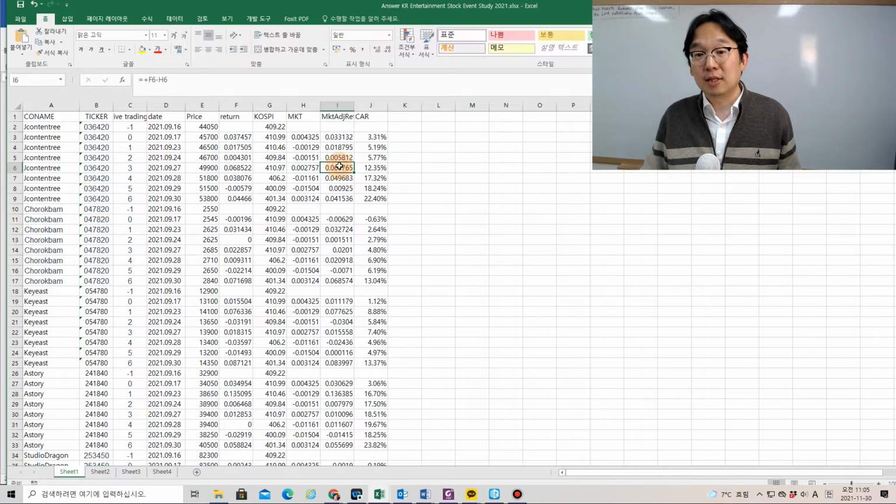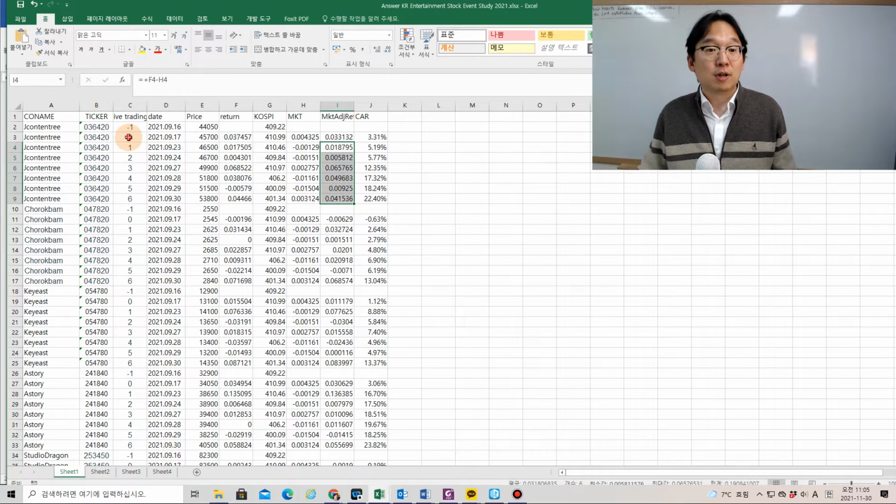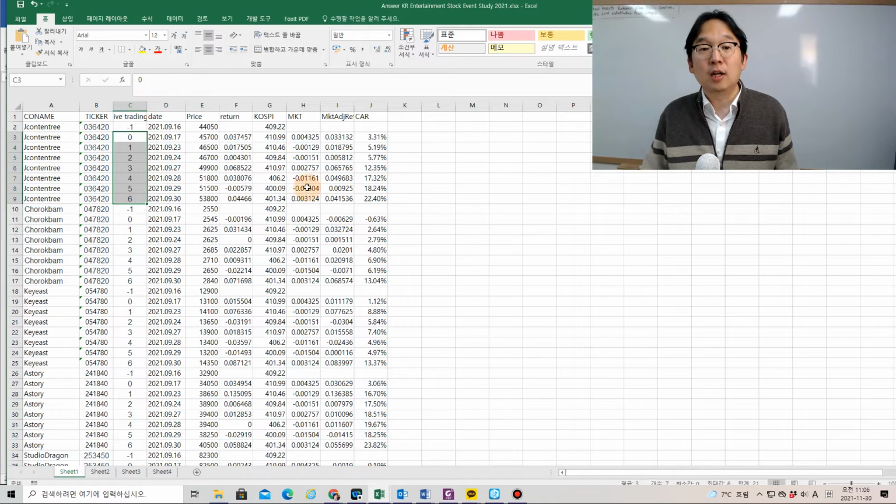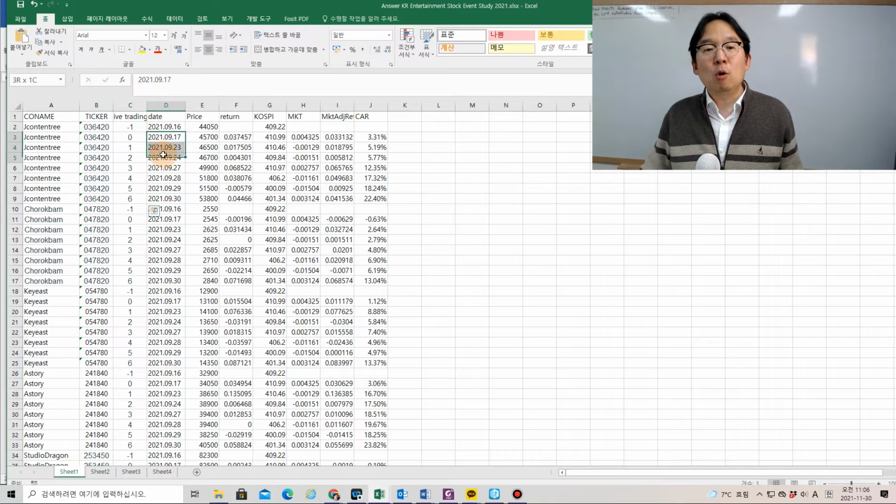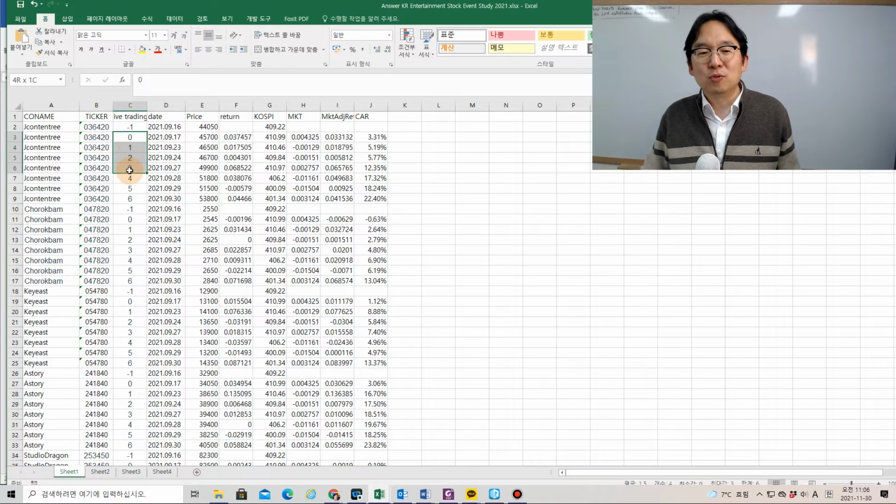That's the market adjusted abnormal return. Abnormal return for each different stock, relative trading day 0 to 6. And you may wonder, oh, there's a calendar day jump here with Chuseok or something like that. Who cares? Just move on with the trading day count: 0, 1, 2, 3, 4, and so on.